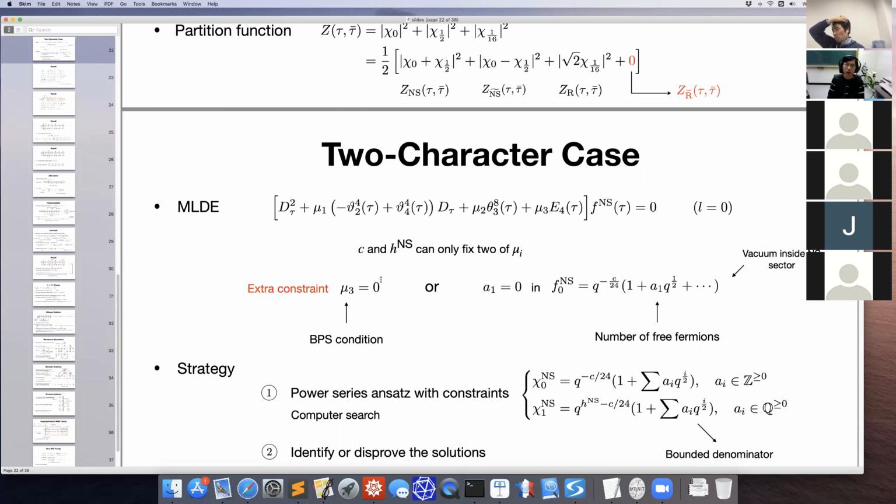I think for N=1, since there's no BPS sector, maybe it's related to this condition. If you have N=2 super conformal symmetry, then this is automatically satisfied. Indeed. But for N=1, this is not necessarily true.